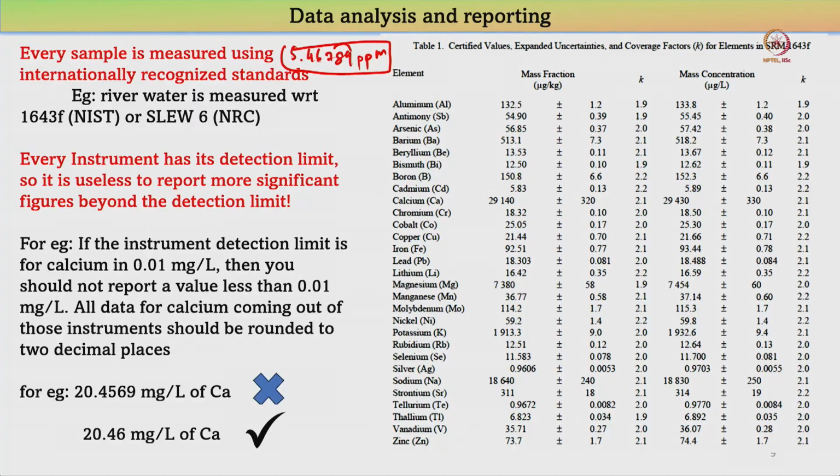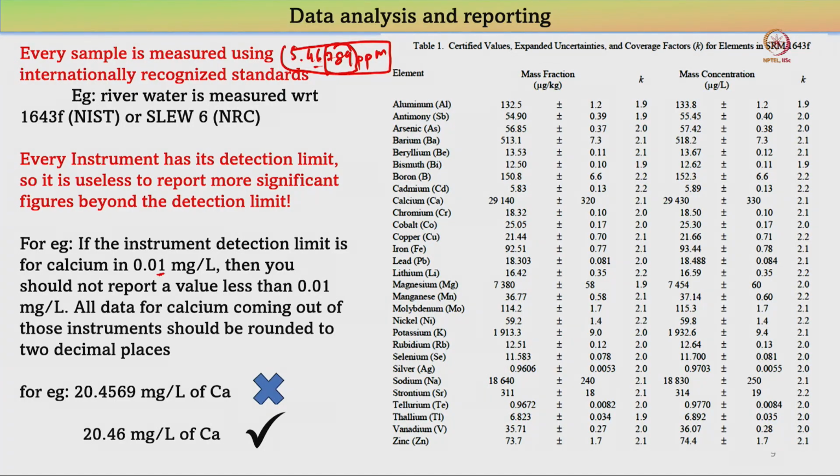That depends on the instrument detection limit. If you are measuring your samples and you know that your detection limit is in the second decimal degree, there is no point in giving the extra 3 digits. You have to round it off to the second decimal place and then report the data.